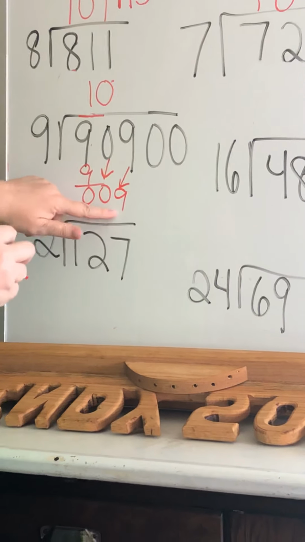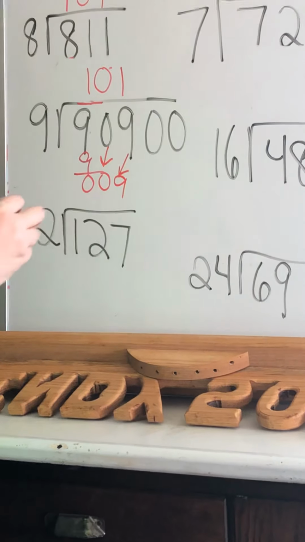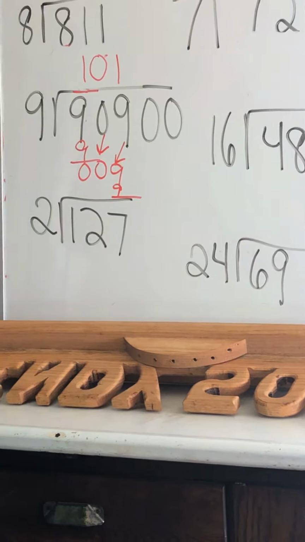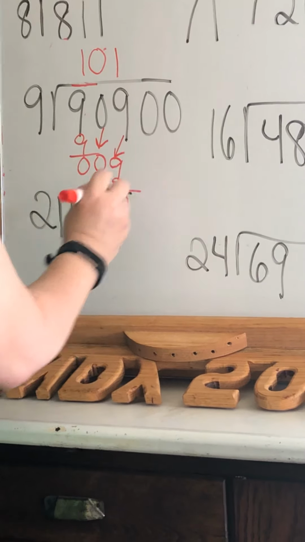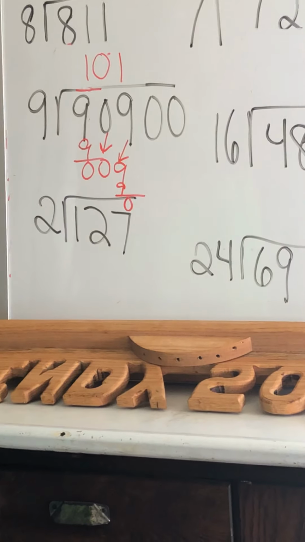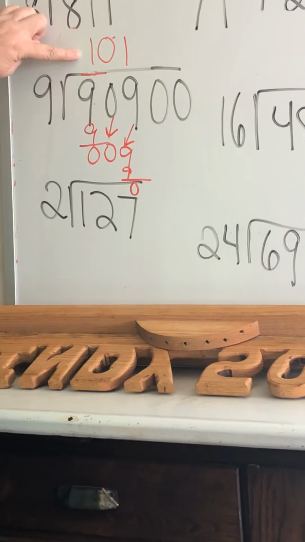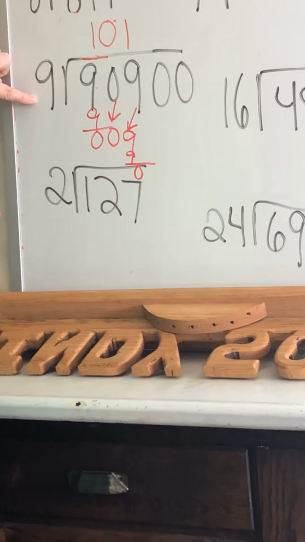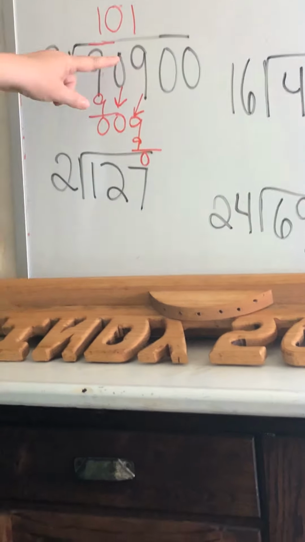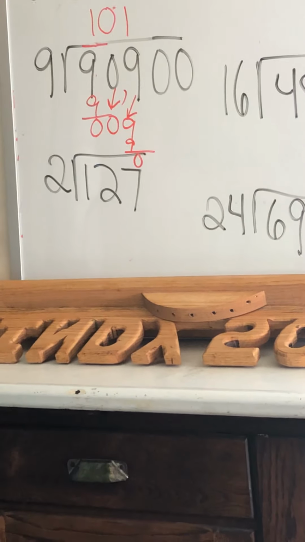Well, 9 can go into 9 one time. 9 times 1 is 9. I know I'm going into the other problem a little bit. There's nothing left over, so we're going to have to pull down. We can't just leave it there, because if you leave it there and you go 101 times 9, you're going to have 909, but that's not the answer to this. Your answer is 90,900, okay?